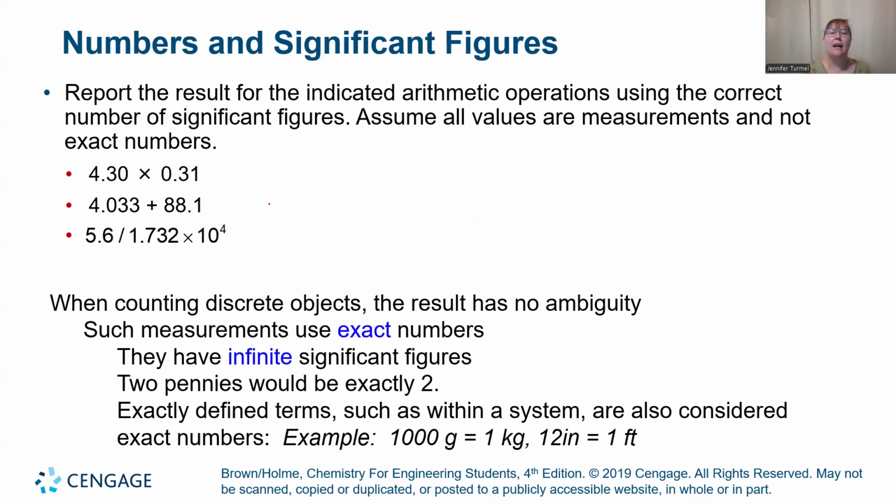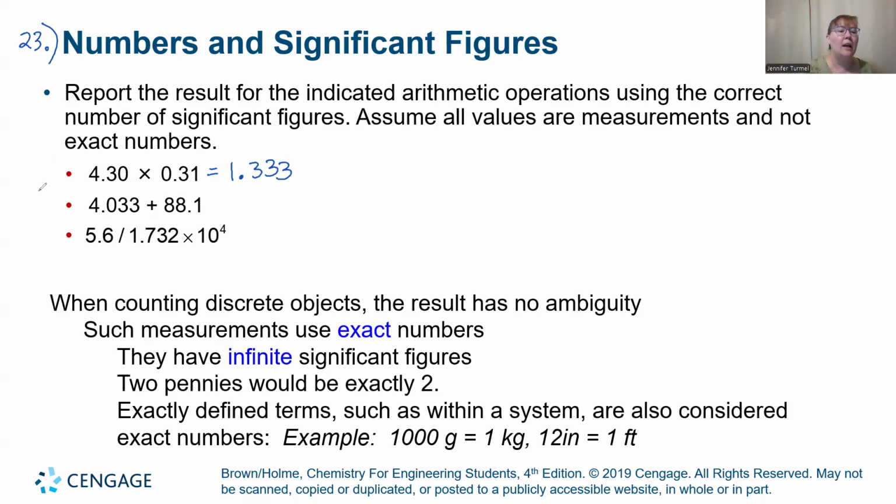So let's take a look at some examples that we have here. This is our next slide, slide 23. Okay, so let's just practice these. So first of all, this first one, you can be practicing this too, or pause and practice it. We've got 4.3 times 0.31, and that would give us a value of 1.333.